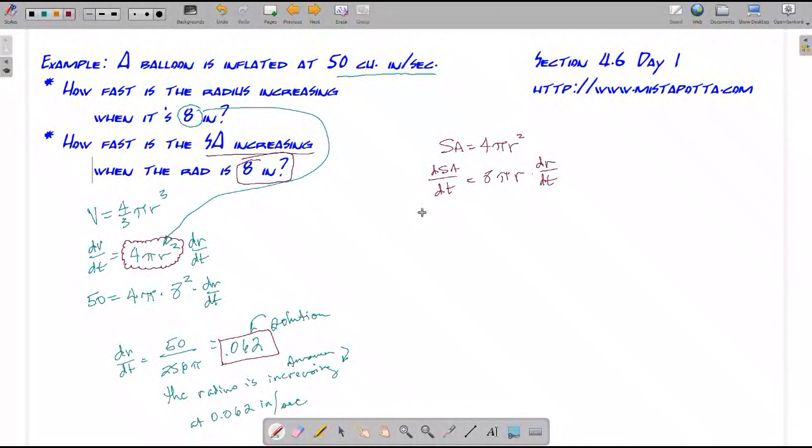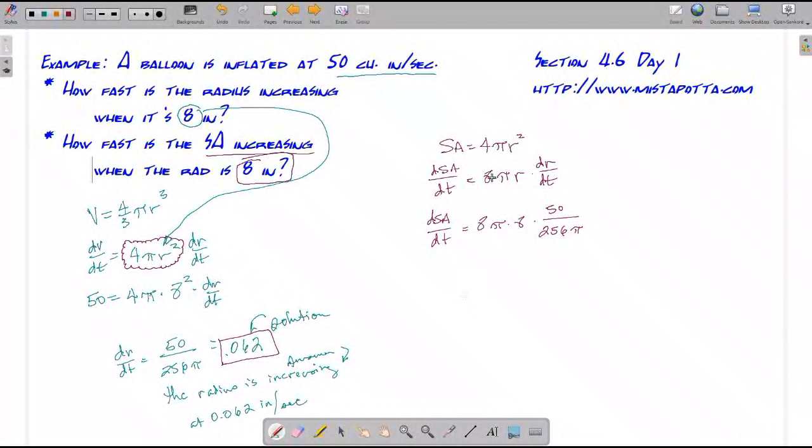So I have a formula for the change in surface area over time. It's going to be 8 times pi times 8 times what we came up with over here. And I'm going to use this exact answer, 50 over 256 pi, because it's going to make my calculations a little bit easier.